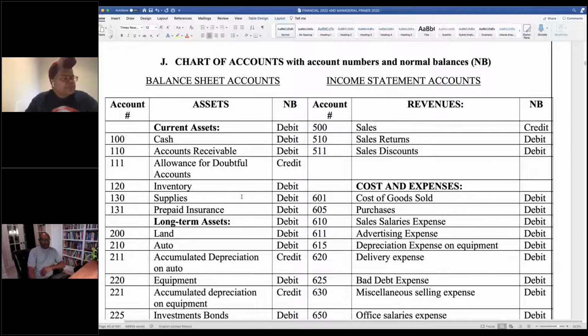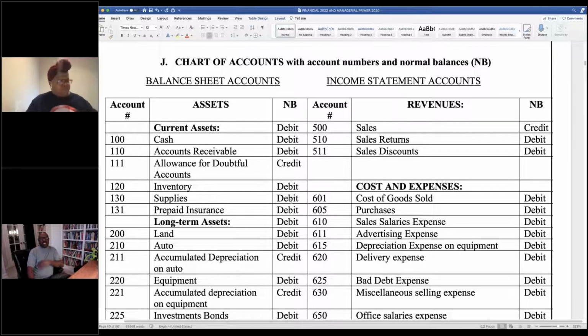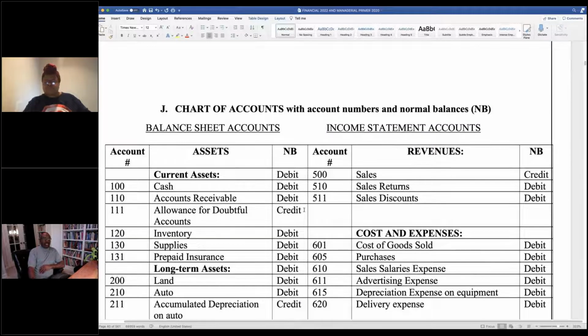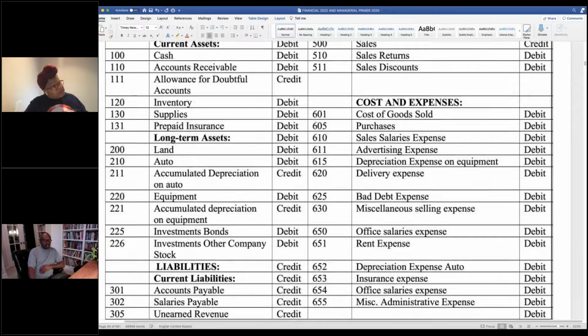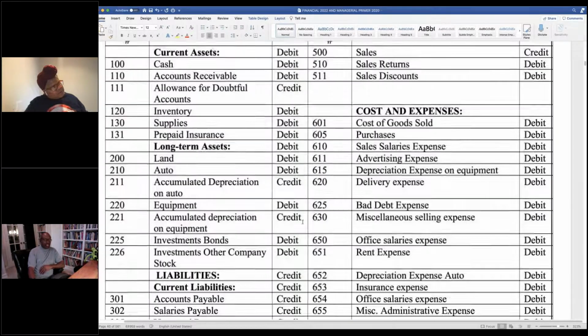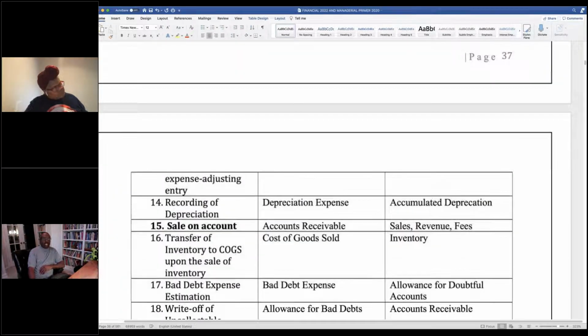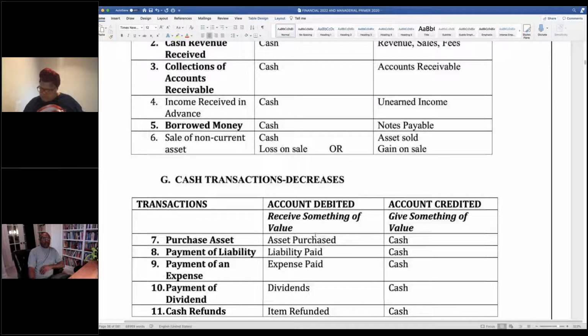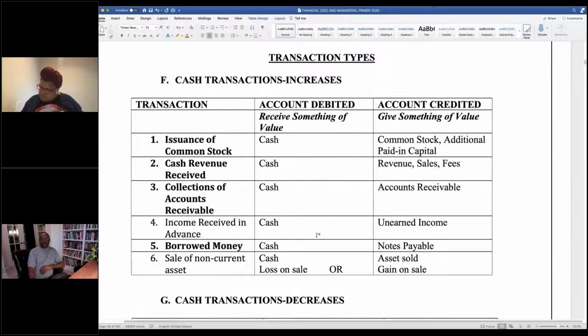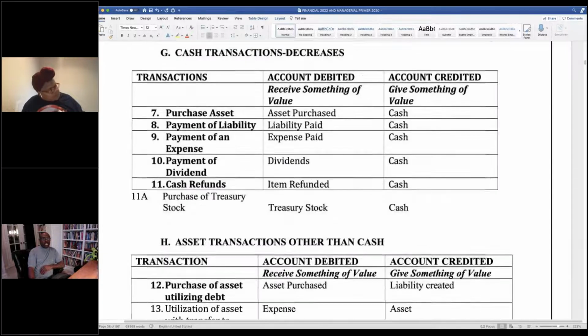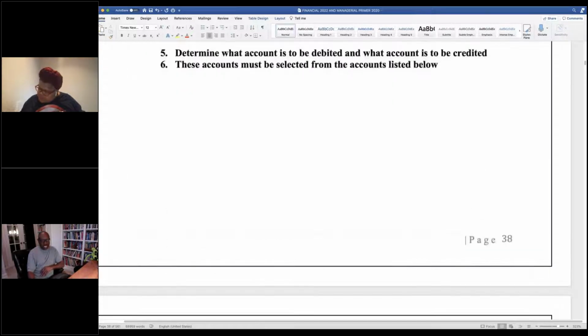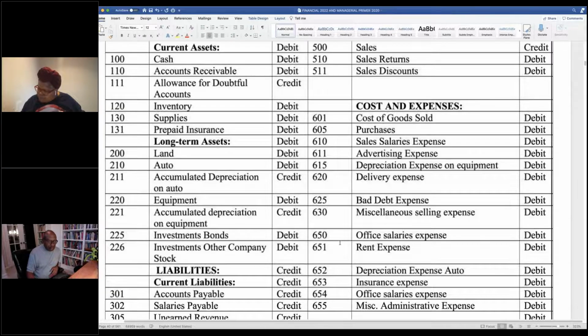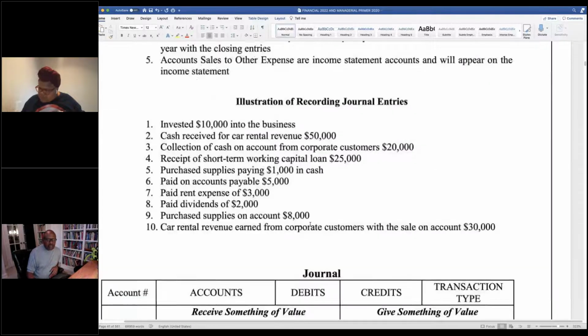These are your permanent accounts, and this tells where every dollar amount goes. We're going to do something with this eventually, but we've got to make these journal entries first. You're supposed to have a copy of this chart of accounts and a hard copy of the journal transaction types, so that we can easily go through these, and so you can finish in 2 minutes when you have a quiz at the end of the day on Tuesday.